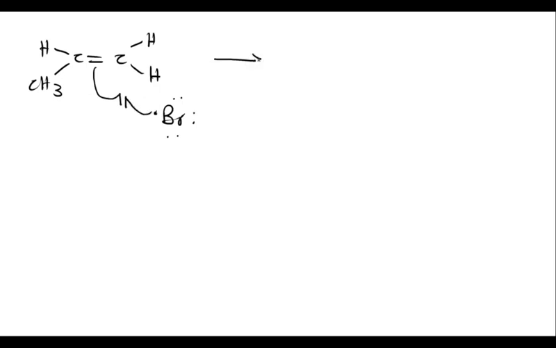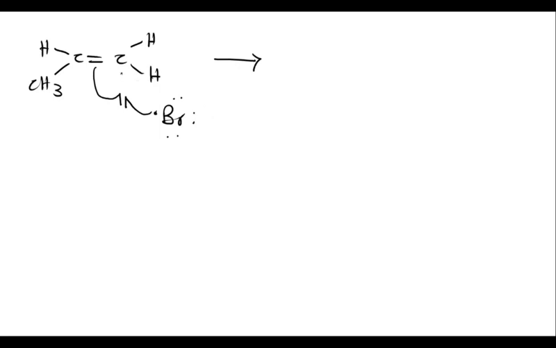So we have our propene, CH3 doubly bonded to another CH, then H. So we have our Br radical. So this bond will come, then this will also attack to form our radical intermediate.